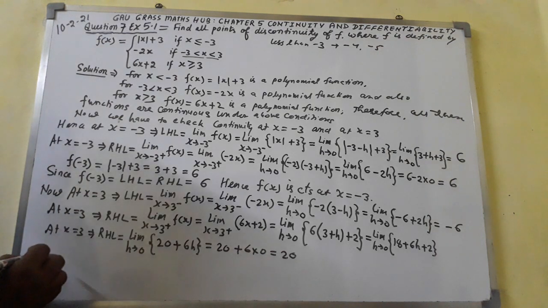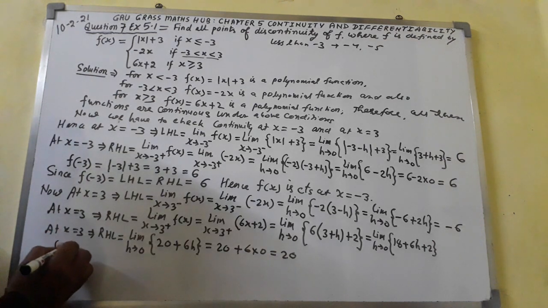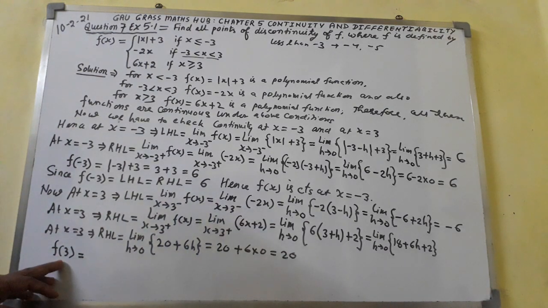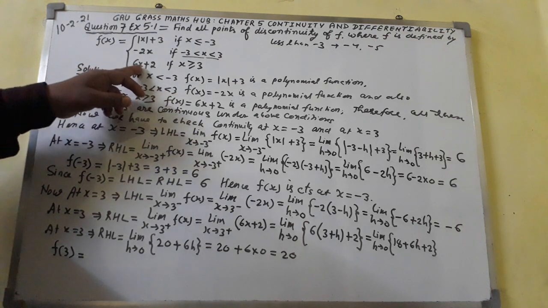So here I shall write at f of x, hence, again if you do here, f of 3 comes out to be, f of 3 means the value of x is equal to 3. So you have to choose the function in which the value of x is equal to 3. This function.